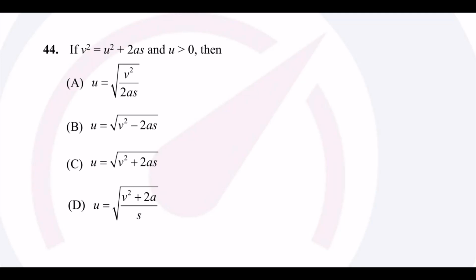Question 44. If V squared is equal to U squared plus 2AS, and U is greater than 0, then U. Alright, so they're asking you to transpose for U. So we have V squared is equal to U squared plus 2AS.